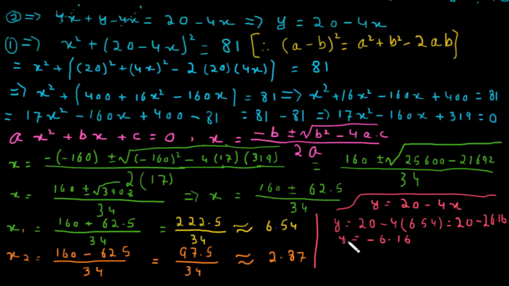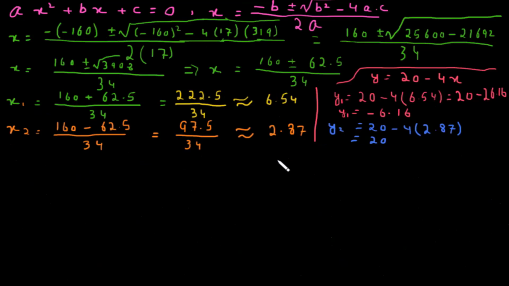Alright, now when x has the second value, that is 2.87, if this is x sub 1, this is y sub 1. Now to find y sub 2, I will use this same equation. So y sub 2 will be equal to 20 minus 4 times x sub 2, which has this value 2.87, so I will get 20 minus, when 4 is multiplied with 2.87, I will get 11.48.